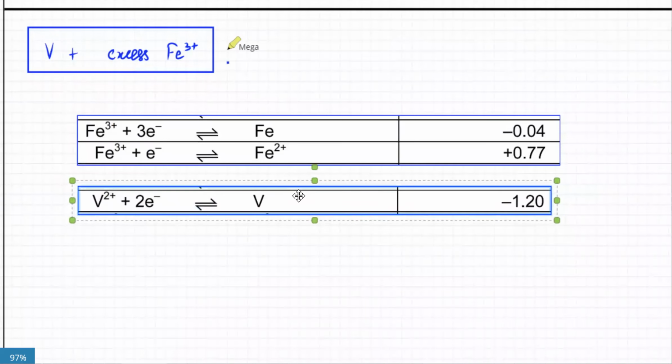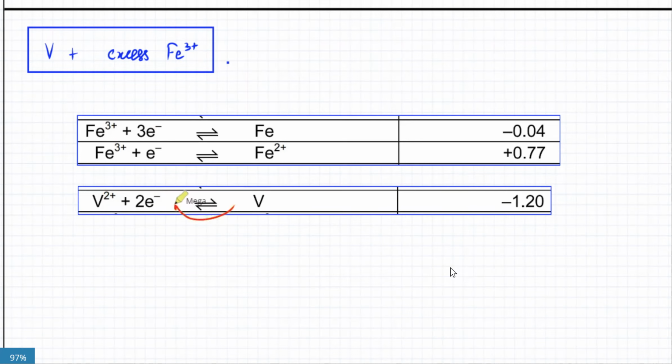So let's make it quick. Remember, your reactants are written right in front of you. Who's the one that's going to gain electrons, and who's the one that's going to lose electrons? For losing electrons, it's going to be minus 1.2 volts. That's the lowest potential. And it's vanadium.